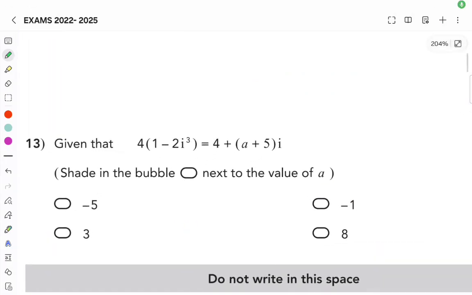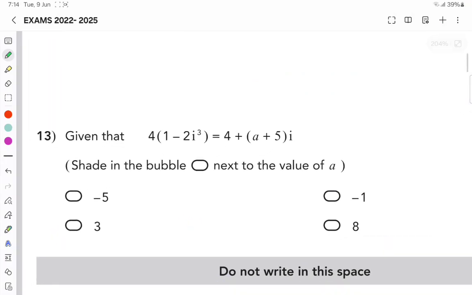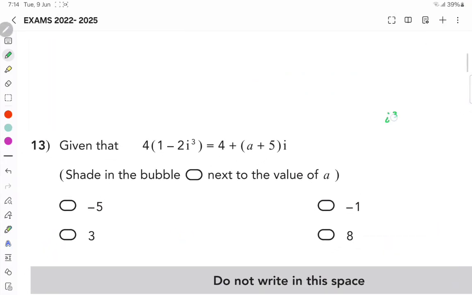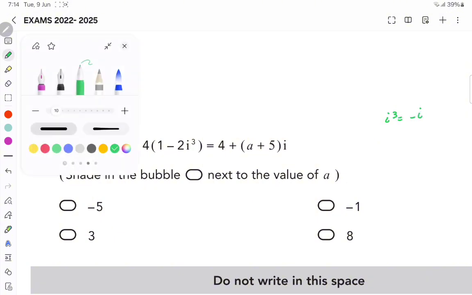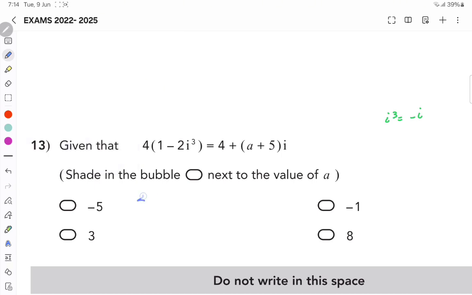Given that it's a complex number because I have i cubed, and as you know, i cubed is equal to negative i. So first we will substitute that. 4 times 1 minus, we're replacing i cubed by its value, negative i times negative 2, it's a positive 2i.